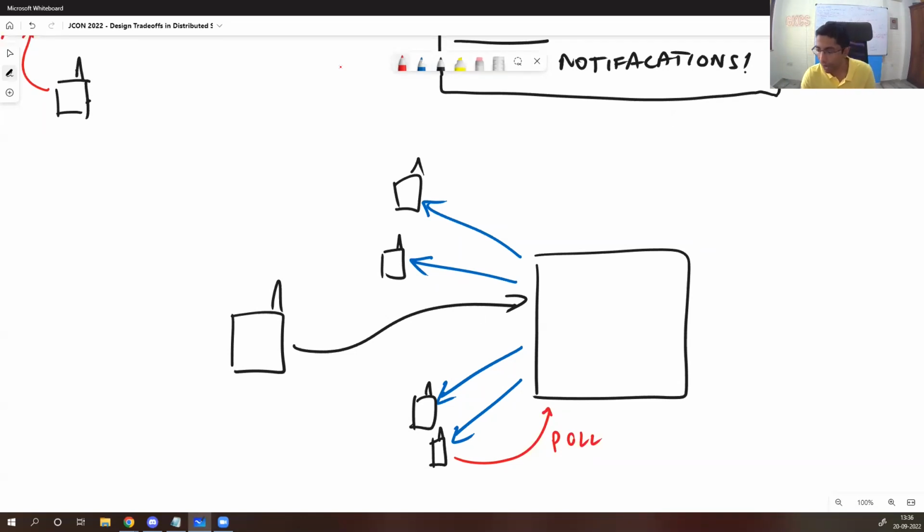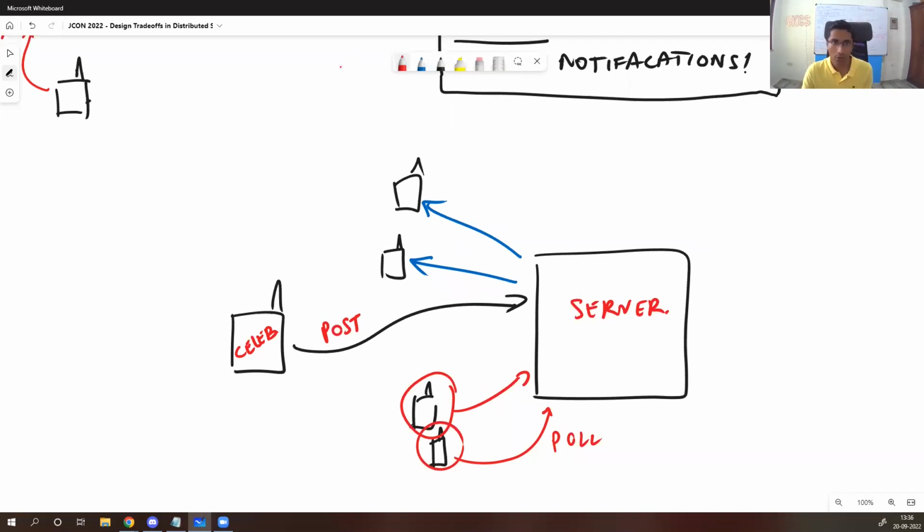If Brad Pitt made a post here, so this is the celebrity, and this is our server. Now, instead of pushing, we are asking them to poll our server. So when they want to get a notification, they're going to get a notification. This is the pull model. You're pulling from the server.